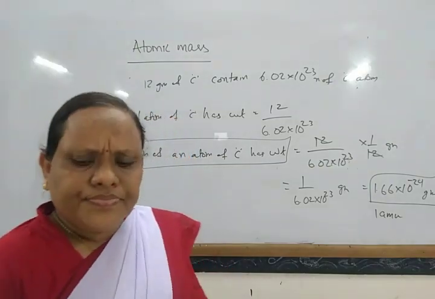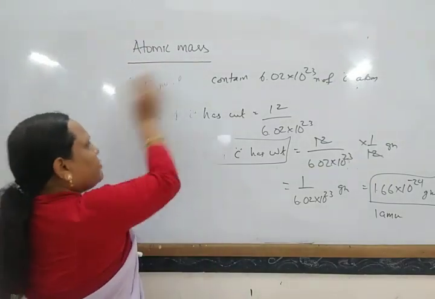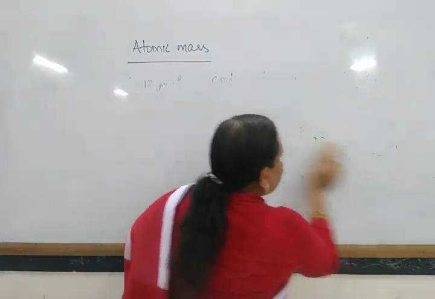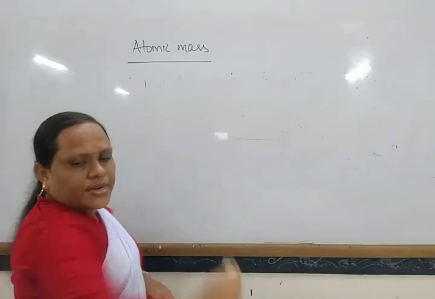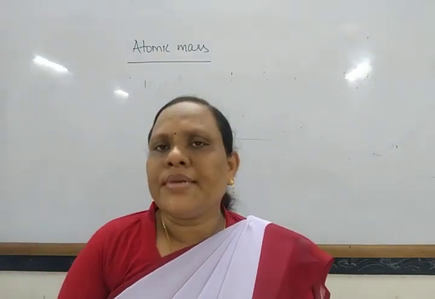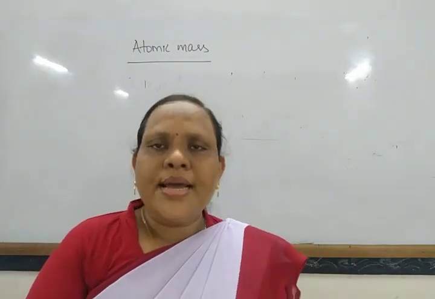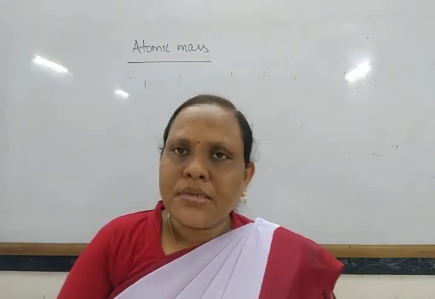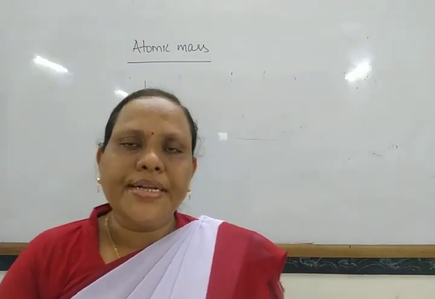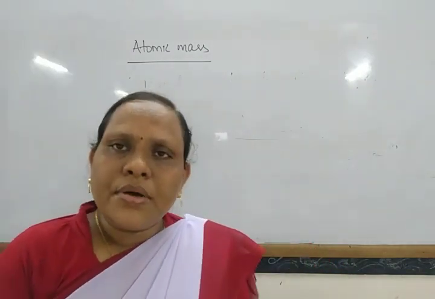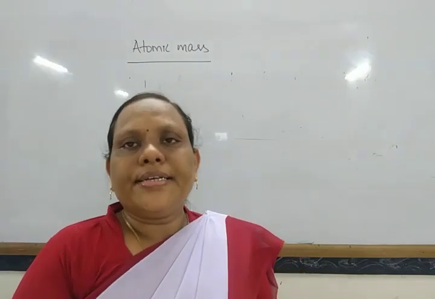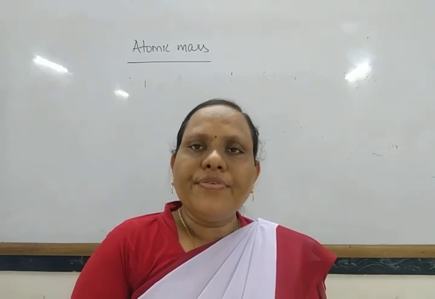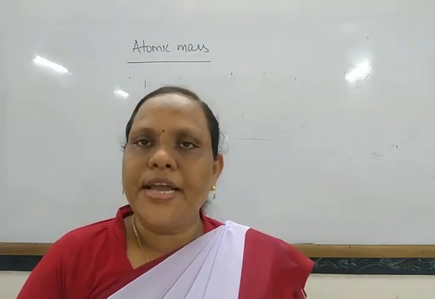But generally, for remembering the atomic mass of an element, sometimes the atomic mass of the element is nearly equal to its mass number. So what is the mass number? That is the sum of its number of neutrons and protons.